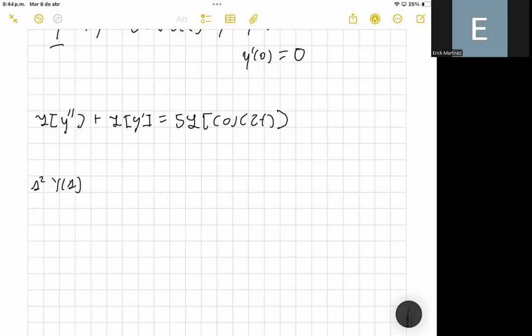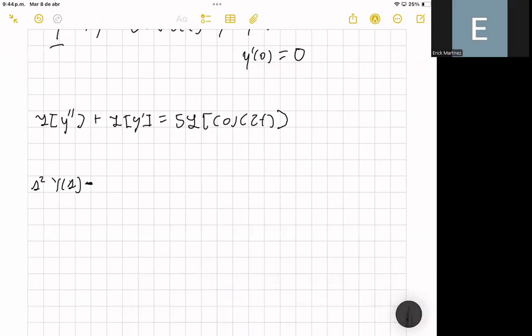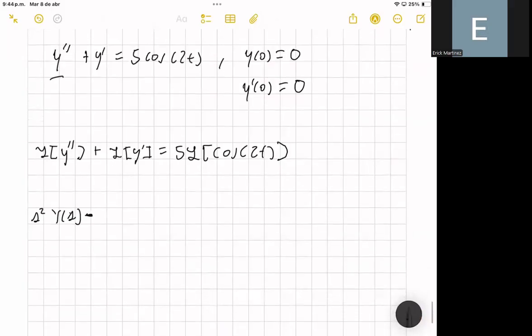When you have a second order differential equation, you have s squared times y of s, minus s times the initial condition of the function y, minus the initial condition of the first derivative.